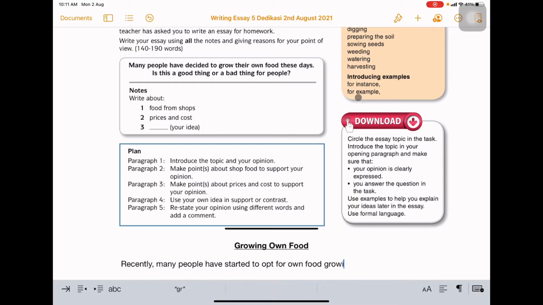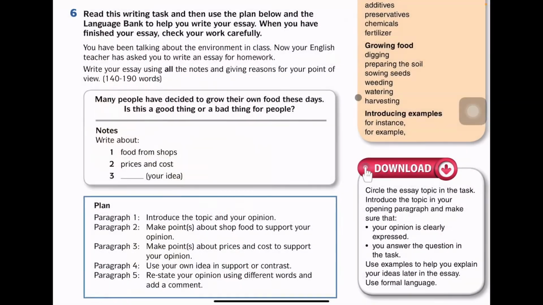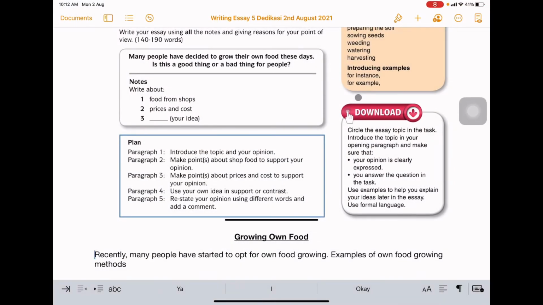Okay, you can give examples of own food growing methods. Sorry, I think I pushed something.